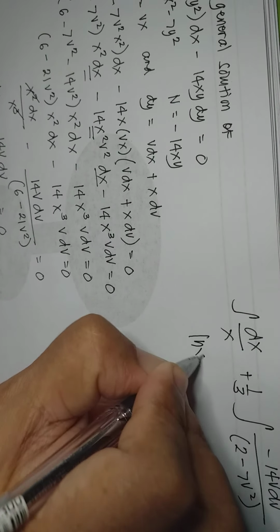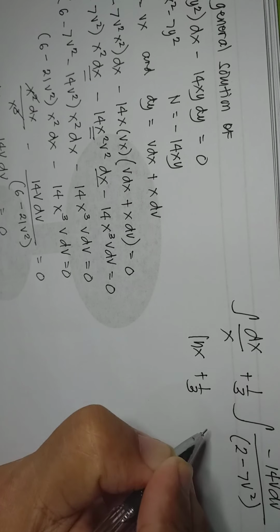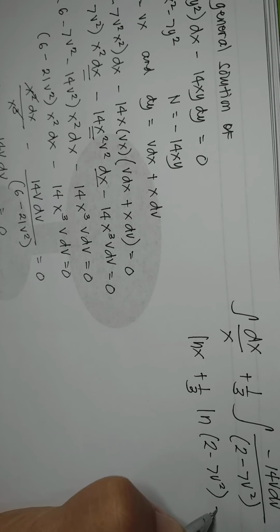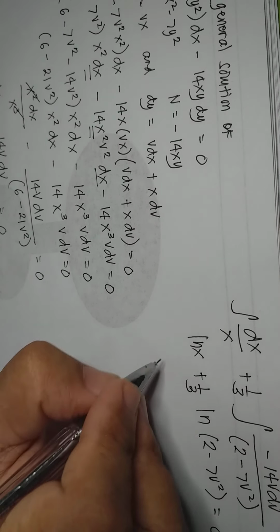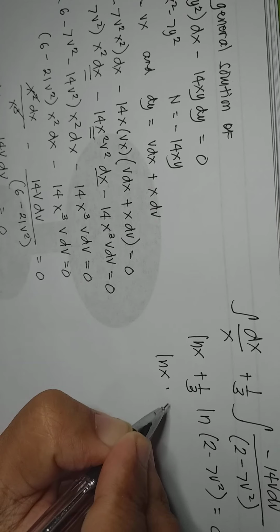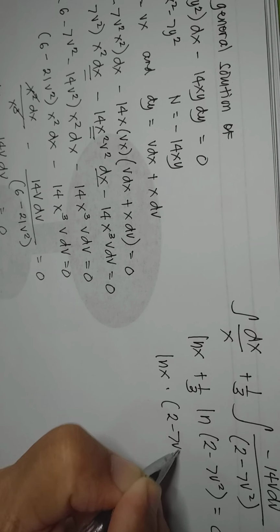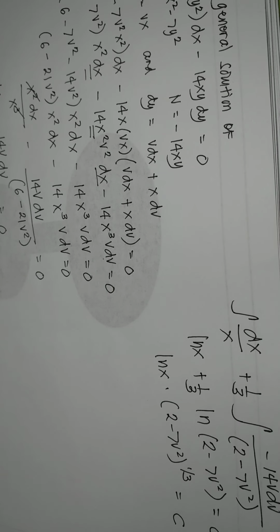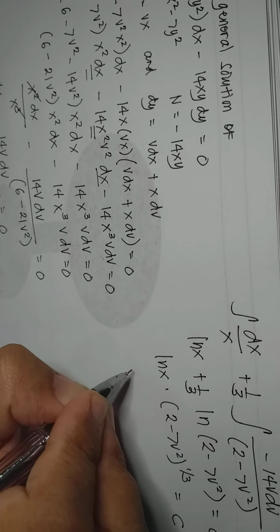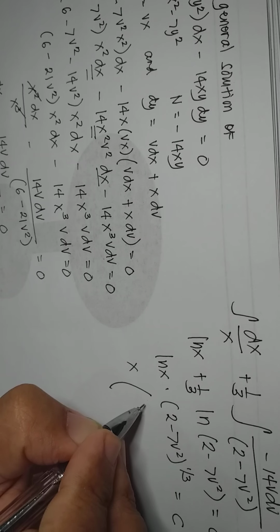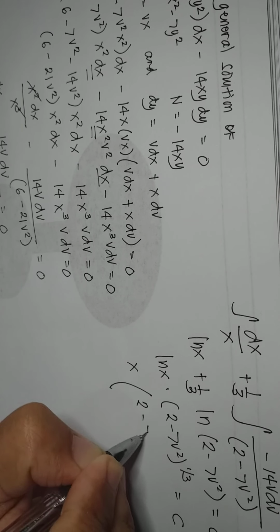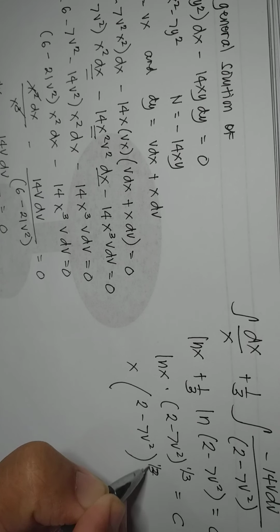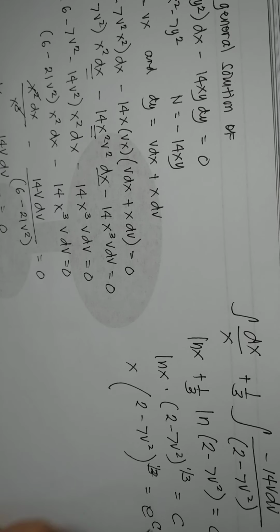We have ln of x plus 1/3 ln of 2 minus 7v squared is equal to c. Or we have ln of x times (2 minus 7v squared) raised to 1/3 is equal to c. Or we have x times (2 minus 7v squared) raised to 1/3 is equal to e to the c.